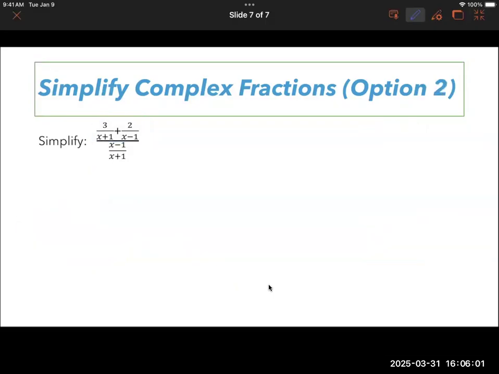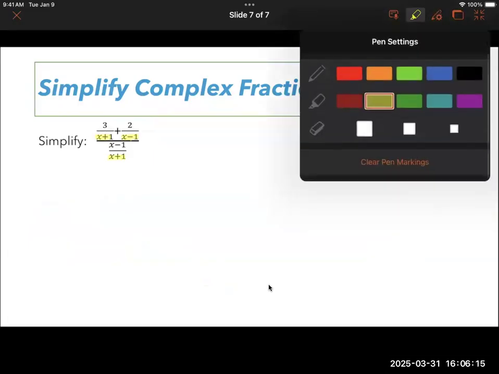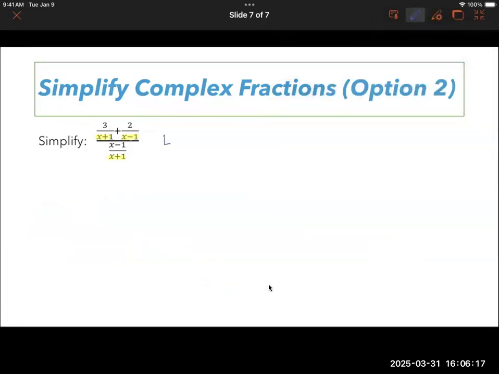Another option, using the same problem, is to actually look at all of our denominators, so any denominator in the numerator or the denominator, and decide what is the LCD using all of those denominators.